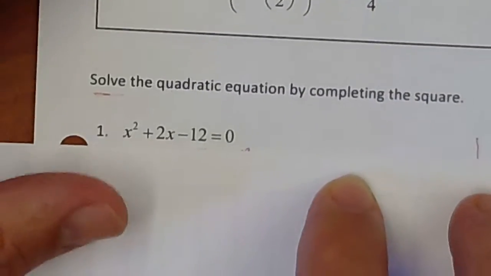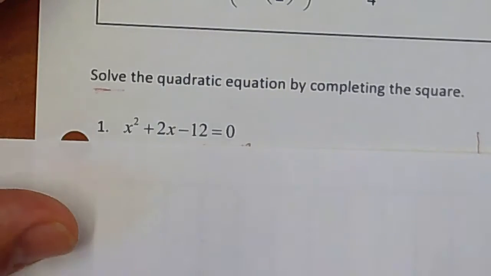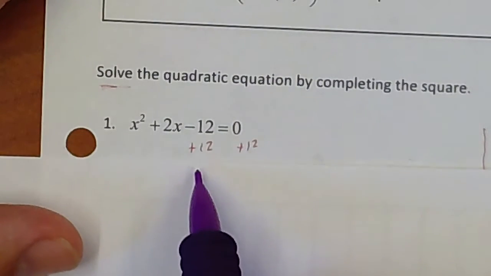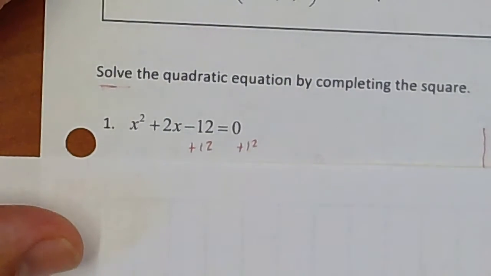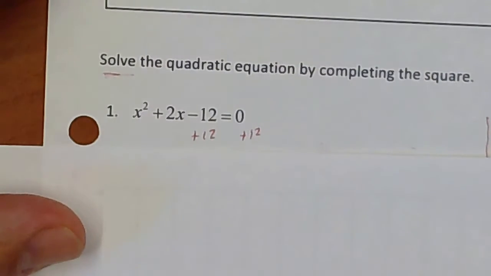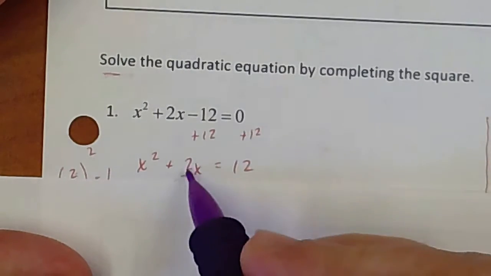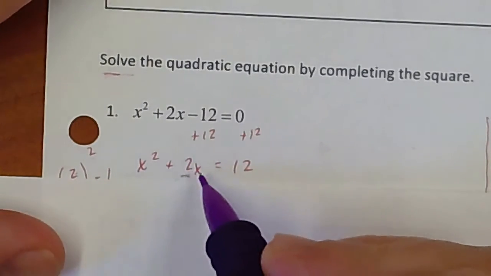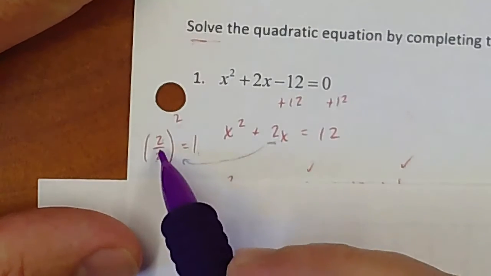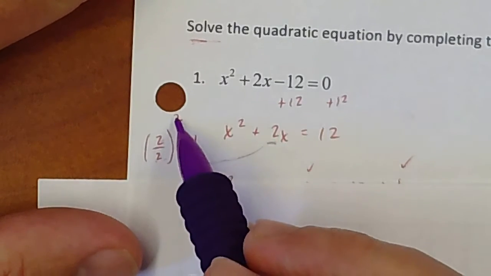All right, so the constant term needs to be moved to the other side. We get it out of the way. So it's minus 12. We want to add 12 to both sides. All right, now this is where I start the completing the square process. I take half of b, so I put this off to the side here. This is the b over 2 squared.